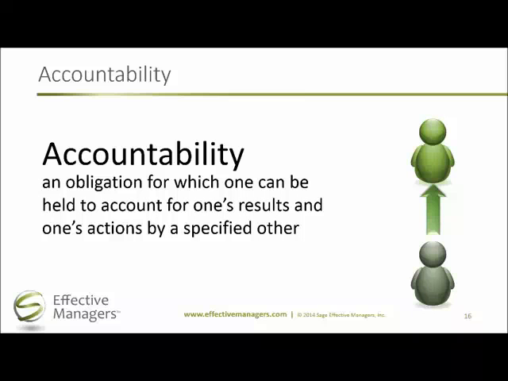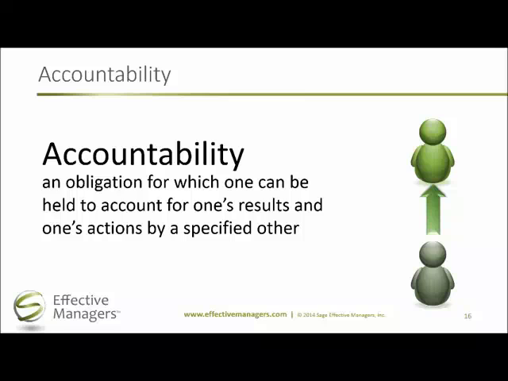So the working definition that we're working with is that accountability is an obligation for which one can be held to account for one's results and one's actions by a specified other. So there are three aspects to this. The first one is there's an obligation. The second is that there's an accountability for results and actions. So just getting there isn't enough. It's how you get there.